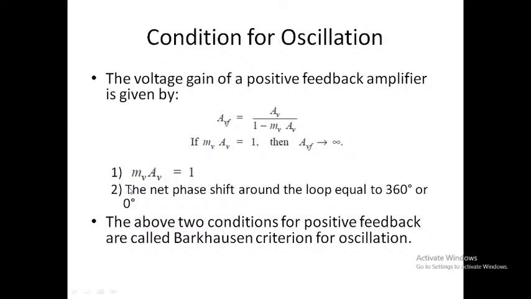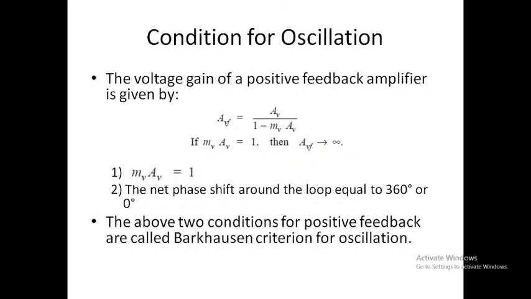The output is 180 degrees out of phase with the input. For oscillators, you don't want that phase reversal. So the input and output must be in the same phase, that is 0 degrees or 360 degrees.